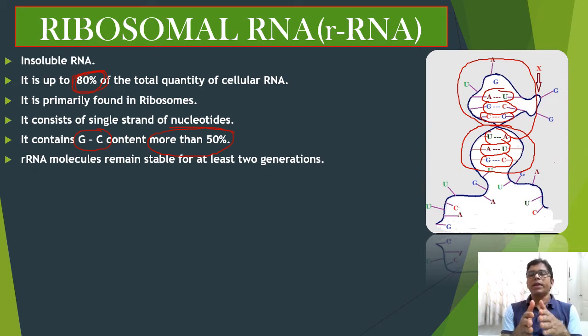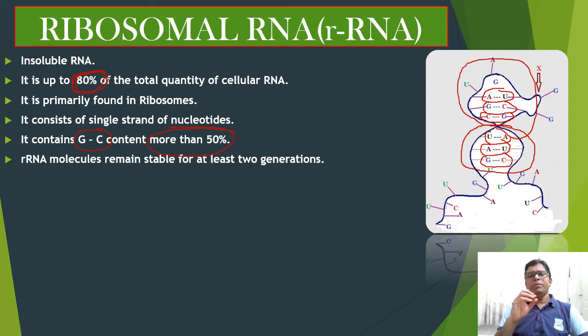In ribosomal RNA, the guanine and cytosine content, that is GC content, is more than 50%. And rRNA molecules remain stable for at least 2 generations.